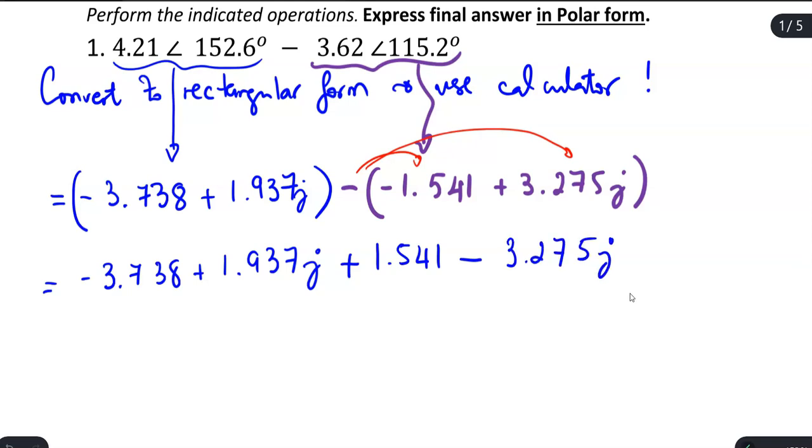So basically, when you subtract two complex numbers in polar form, you convert to rectangular form, and at this point you treat it as an algebraic expression and you collect the like terms.